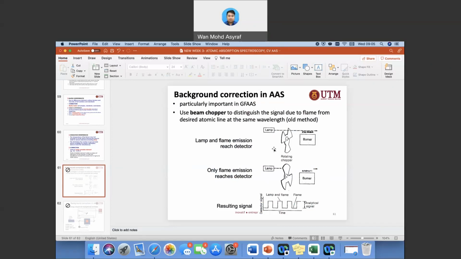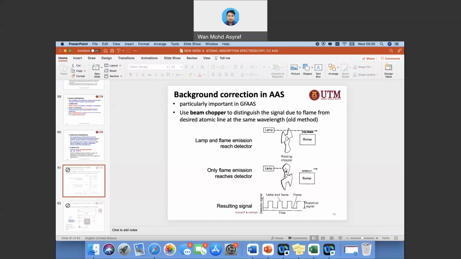From the sample you also have a copper radiation, which will be detected by the detector. When this chopper is at this position, your detector is able to detect both radiation from the lamp and from the flame. So you have a much higher reading because both radiations serve for the copper wavelength.